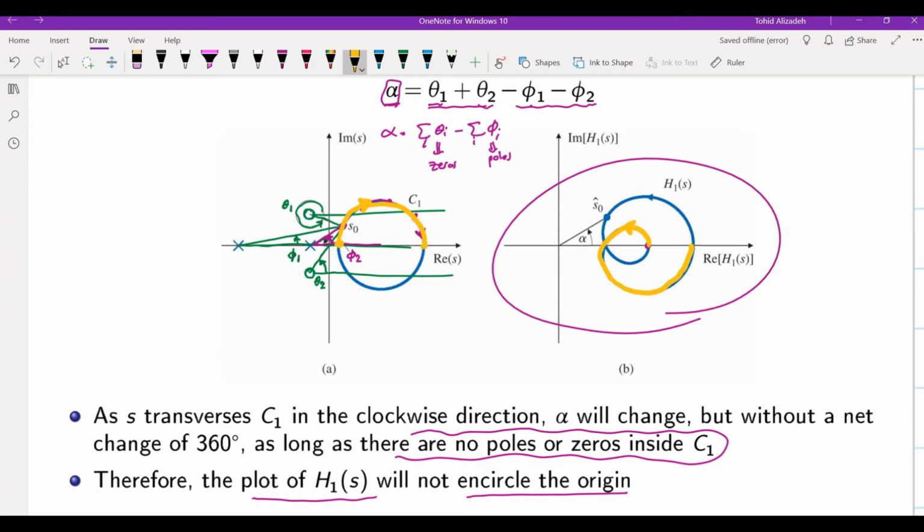We'll arrive at this point, and then by moving on the contour again towards the starting point, we will end up with this map.